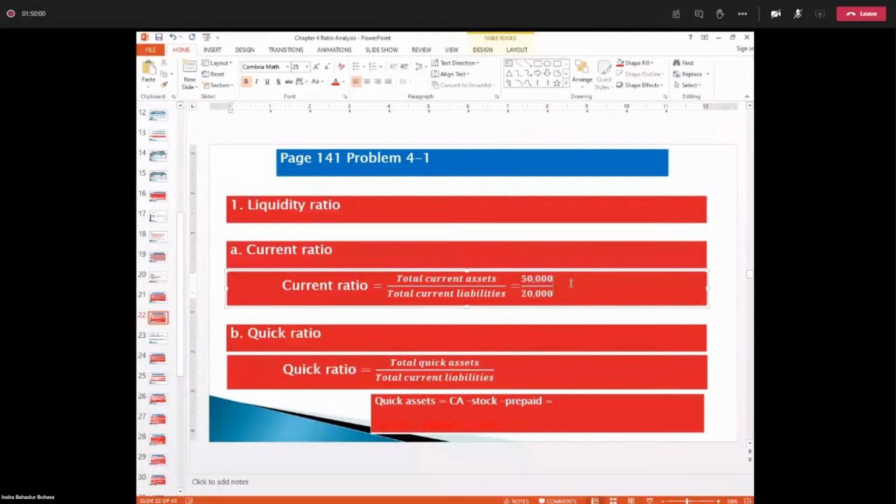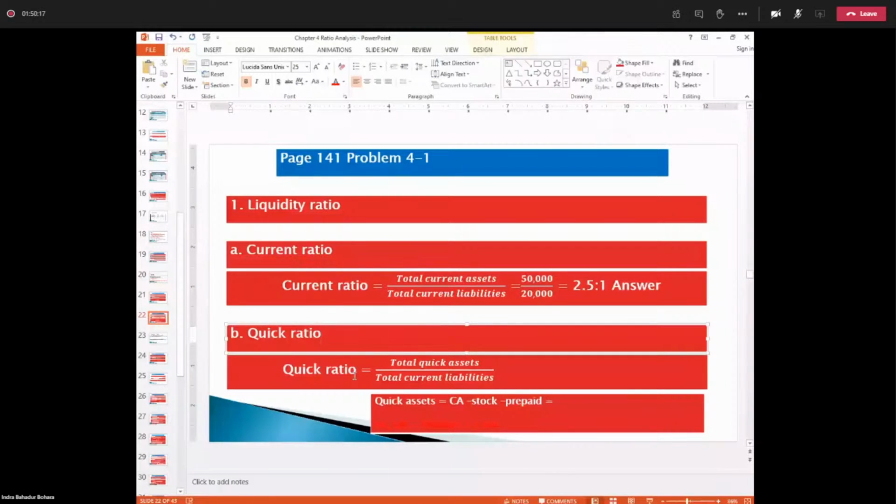Now you divide, it is 2.5 is to 1. Now next is quick ratio.